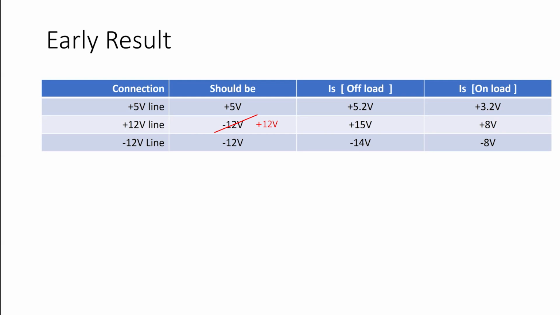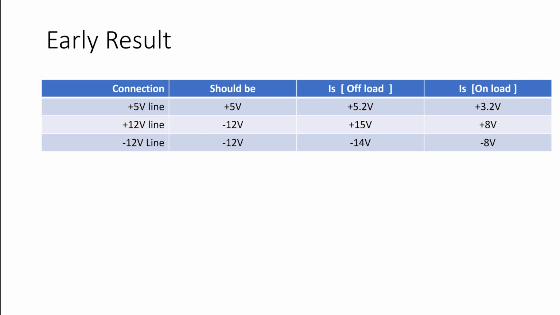It says minus 12 volts there, but that's just a mistake when I was making up this slide, mea culpa. When it's off load, I'm getting plus 15 volts, which is way too high. And when it's on load, I'm getting plus 8 volts, which is way too low. And exactly the same with the minus 12 volts. It should be minus 12. And when I'm off load, it's way too high at minus 14. And when it's on, it's way too low at minus 8.